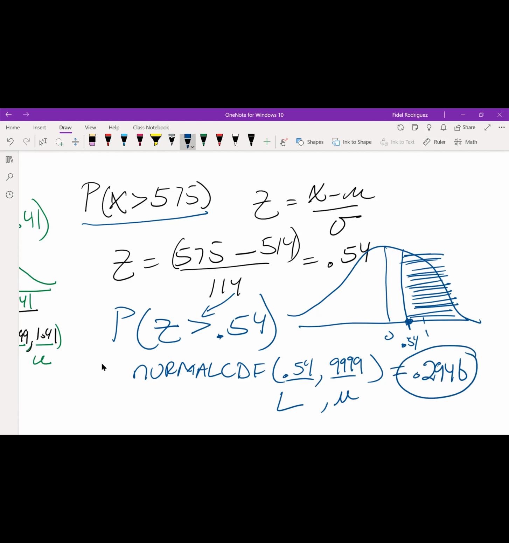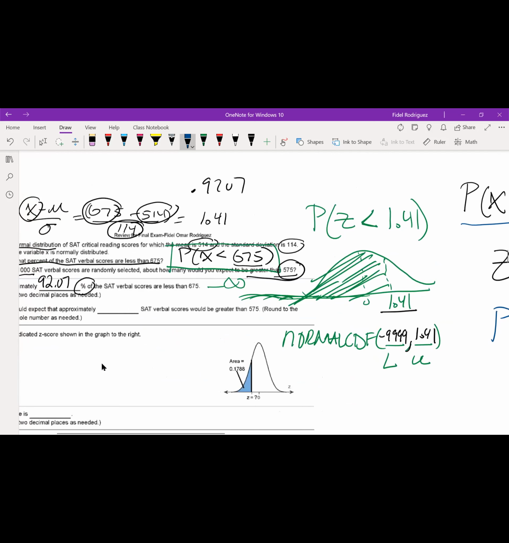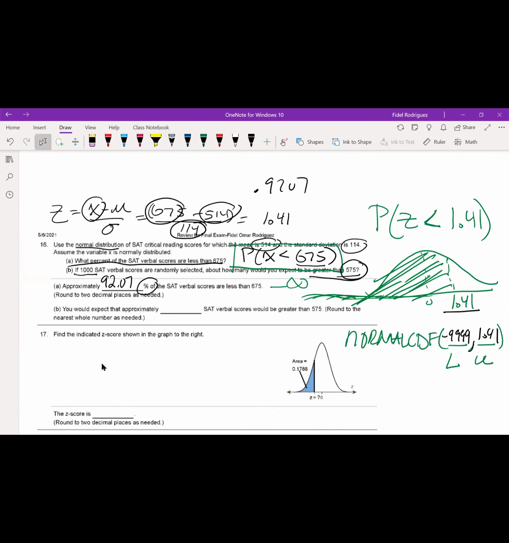So we came up with 0.2946, right? Now, reading part B of my question: if we had 1,000 SAT verbal scores, how many would be greater than 975? What I would do is take 1,000 times 0.2946.